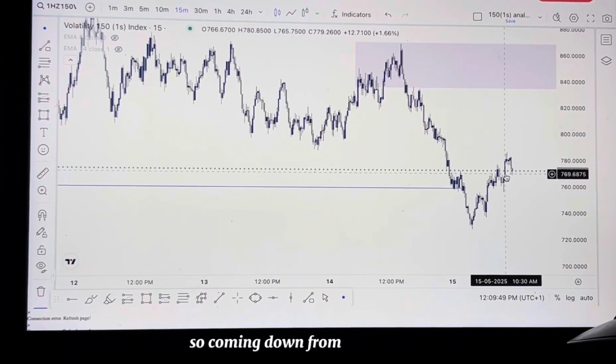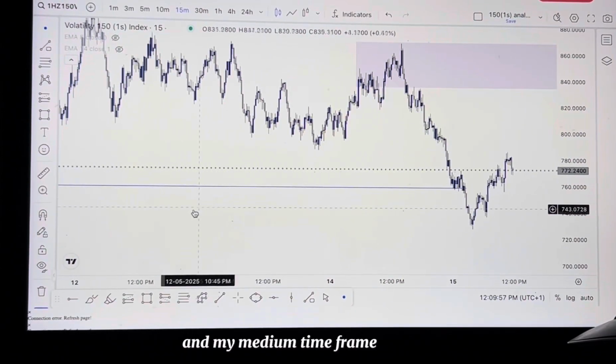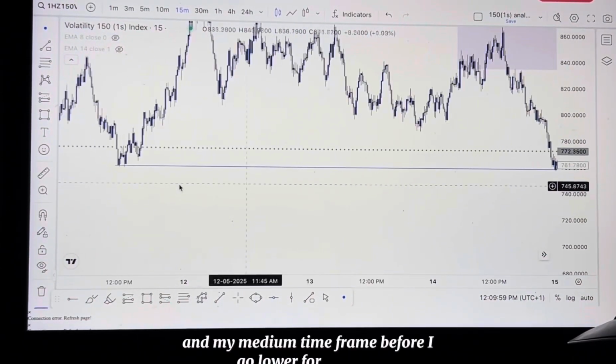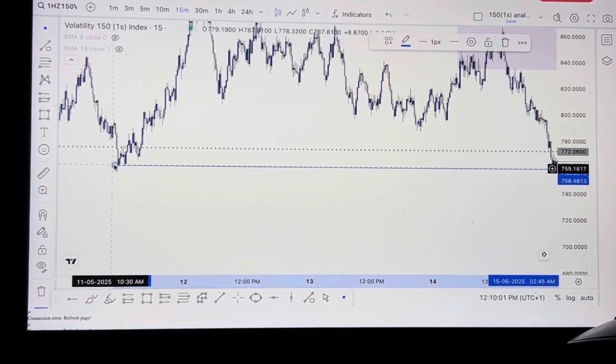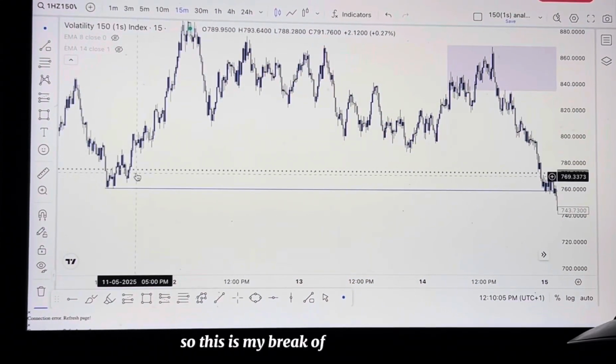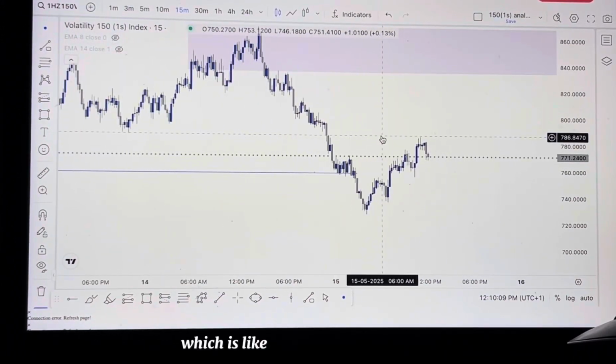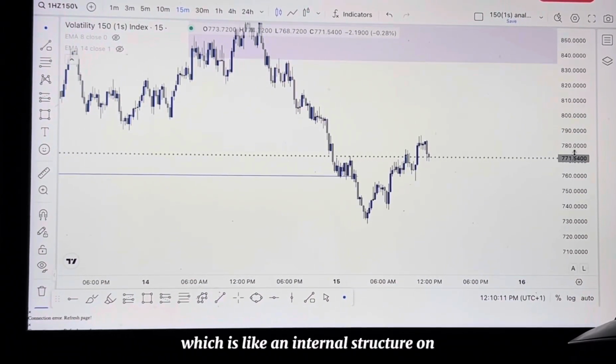So coming down from the 4-hour time frame to 15 minutes. 15 minutes is my immediate bias and my median time frame before I go lower for an entry. So this is my break of swing structure on 15 minutes to the downside, which is like an internal structure on the 4 hours.